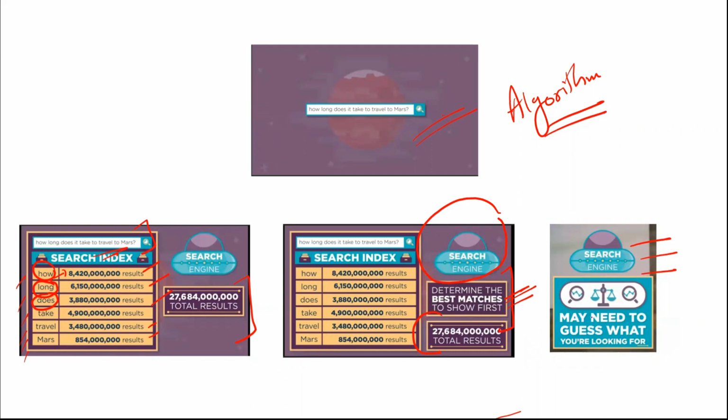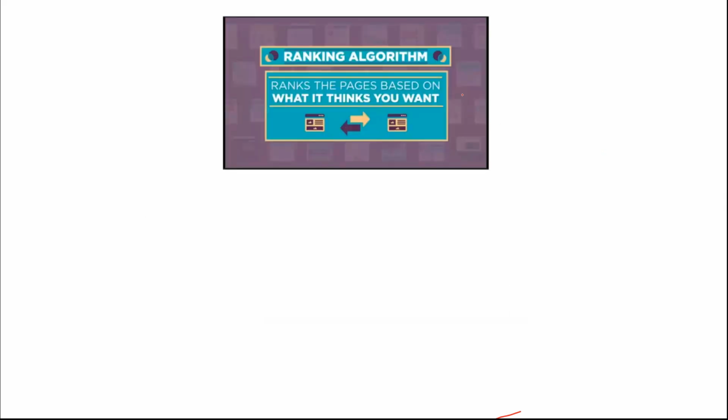What functionality do we need? We want to get the best matches out of these results. And for that, software developers, web developers, and a huge team created certain programs, a set of rules, to find the best matches. That algorithm is called the ranking algorithm.